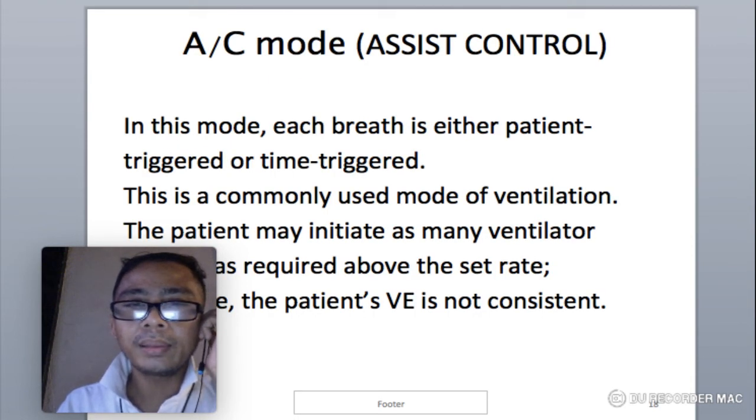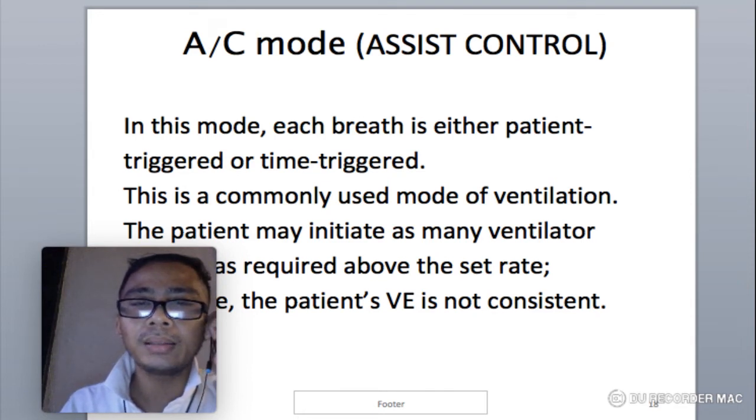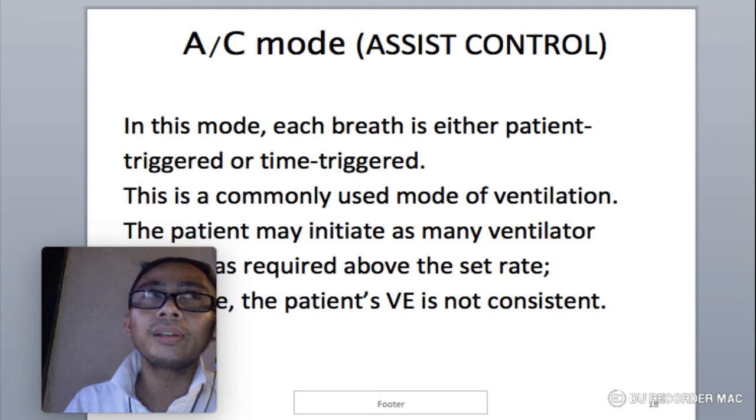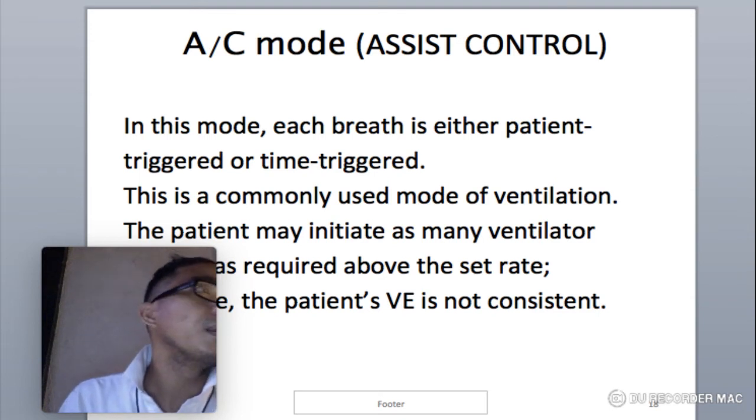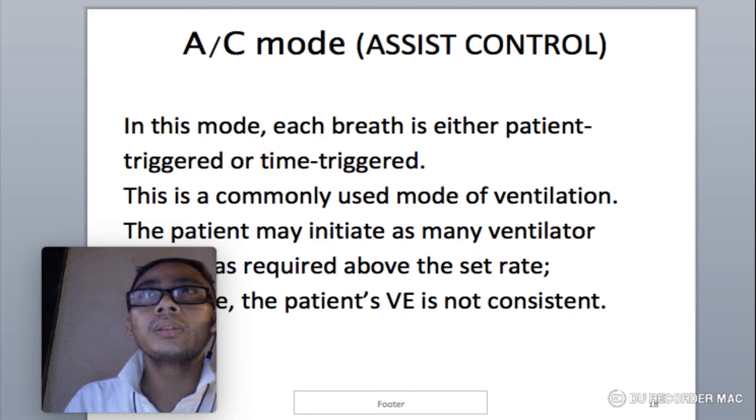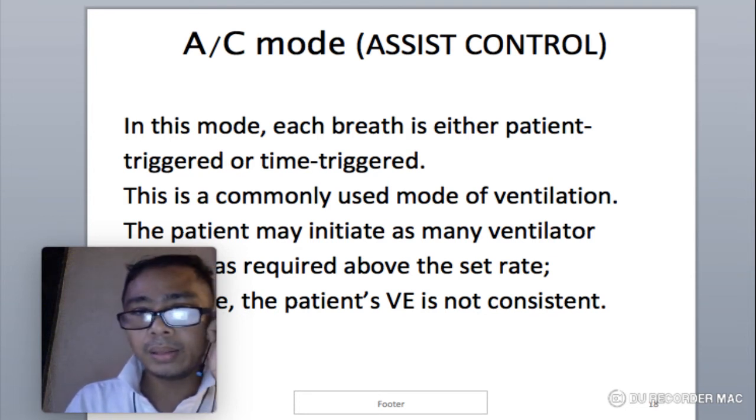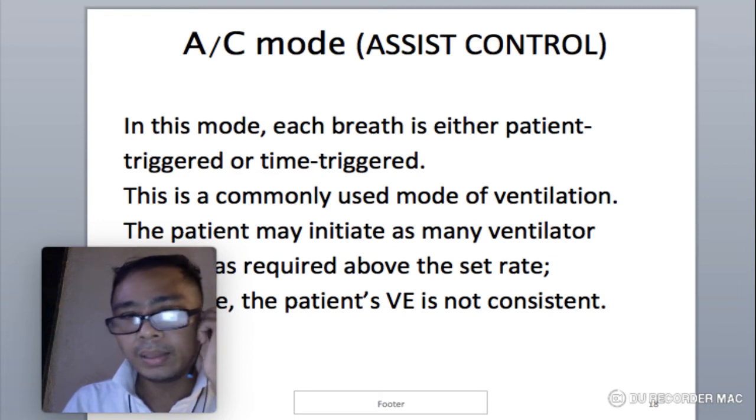And then from the control, we have the common assist control mode, or the AC mode. In this mode, each breath is either patient triggered or time triggered. In initial critical care cases, if the patient cannot breathe, the initial setting will be the assist control. It means that if the patient cannot trigger, there are preset parameters, a preset cycle of breath, preset tidal volume, and preset FiO2 so that the patient can be assisted in his breathing.